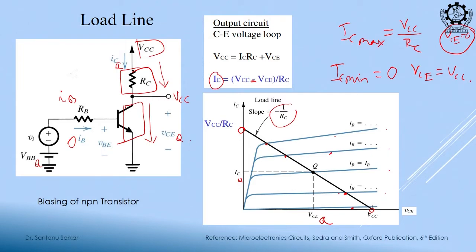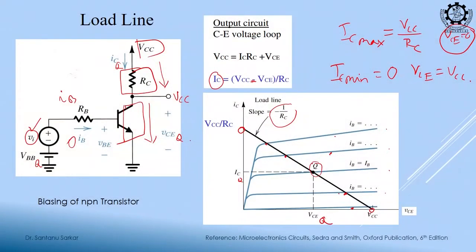So, now you are ready to add a signal source. After this DC is complete and you are satisfied with your Q point selection, then what will happen? So, this DC is done.